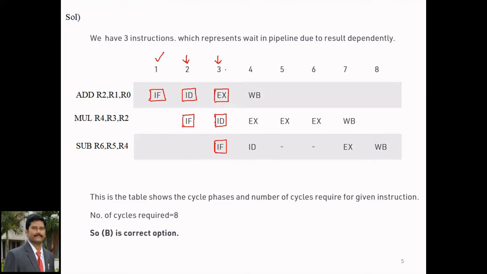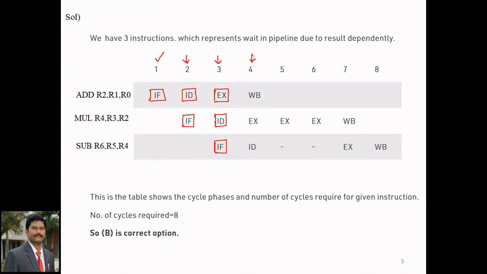That means at clock cycle 3 what is going on? The add instruction is executing in the execution stage, multiplication is decoding in the decoding stage, and the subtraction instruction is fetching the instruction from the memory in the IF stage.